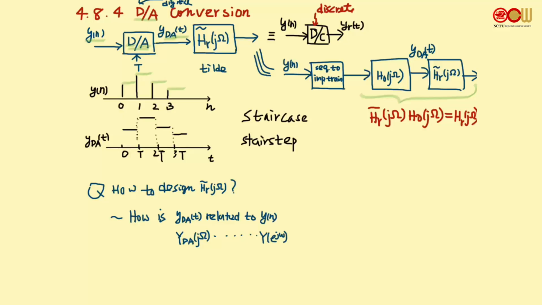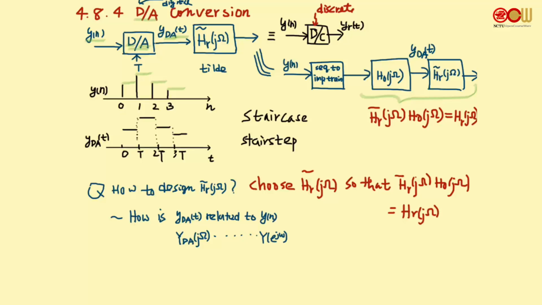So we should choose HR tilde so that their product is the same as HR j omega.